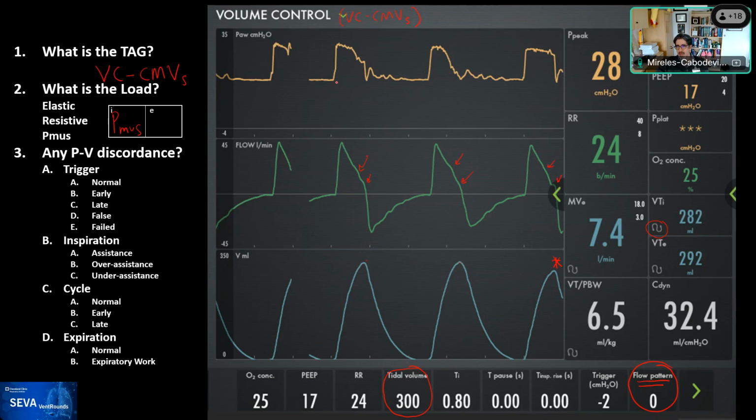What items tell you that this is PMUS? Look at the waveforms and write down... not a linear decay. I don't know what that means. Fernando, you want to explain a little bit more?